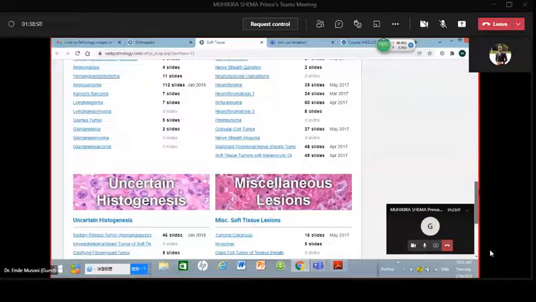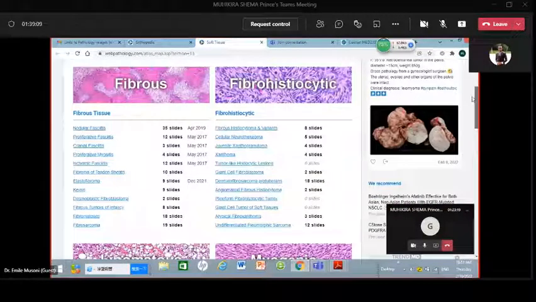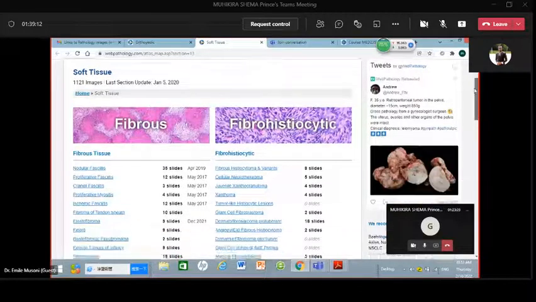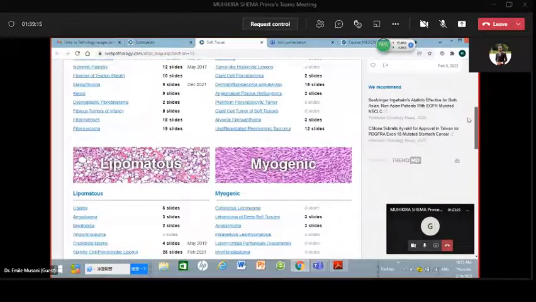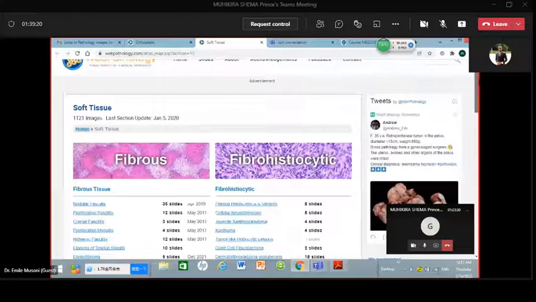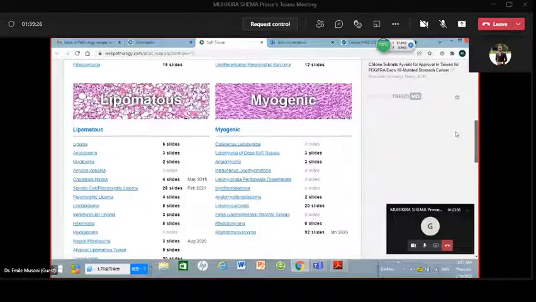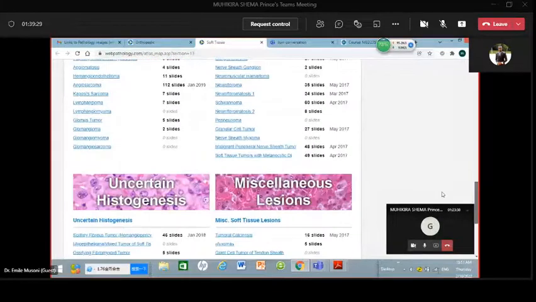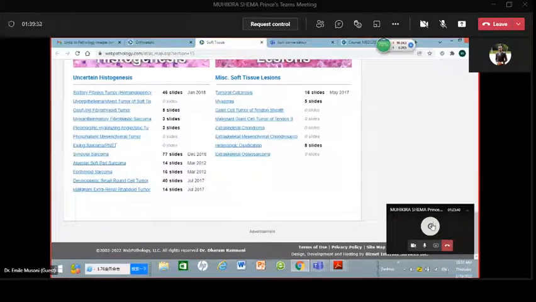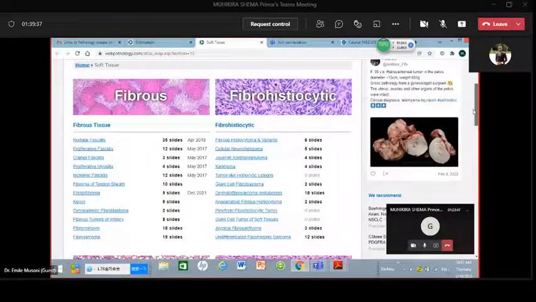So you see now it is very big, and you can't memorize it in a short time of 2 months. Because even in pathology, it is a subspecialty. After general pathology, we do a subspecialty of soft tissue, because as you see, the diseases are so many, and each disease has its image. This is why it is a challenge in the diagnosis of soft tissue, since we have to make someone specialized only in soft tissue.